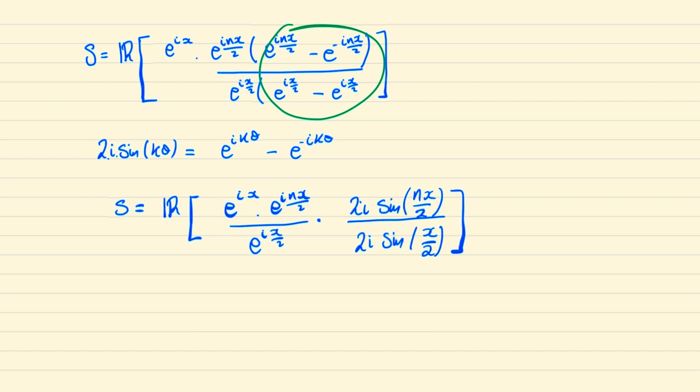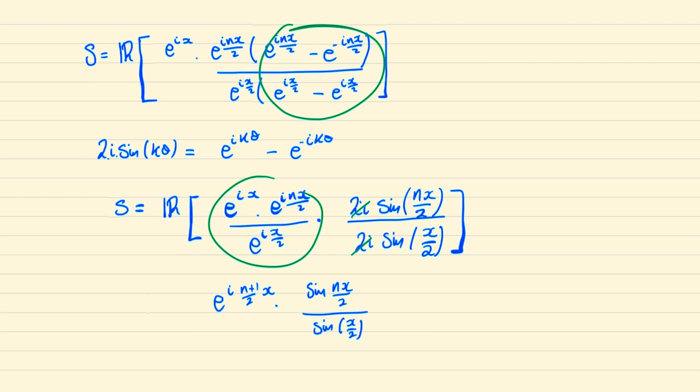And so these two i's cancel. Simplifying all of this, we can write this as e to the i (n plus 1) over 2 x, and then being multiplied by sine nx over 2 over sine x over 2, and then not forgetting to be taking the real part of everything.